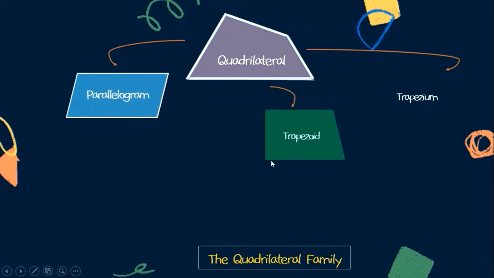Itong side na ito at itong side din na ito. Kasi itong side niya na magkabilaan, if we extend these, at one point, mag-intersect sila. Hindi sila parallel lines. So, ang trapezoid, meron siyang isang pair ng opposite sides na parallel at yung kabila naman ay intersecting lines.